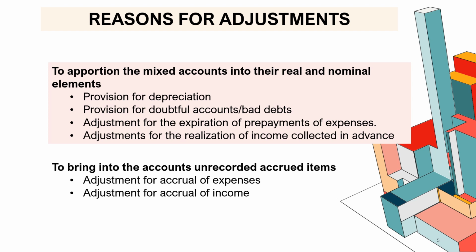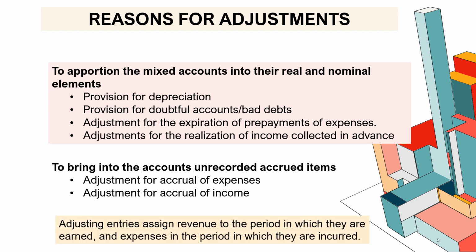And what are those adjusting entries that we need to do at the end of the accounting period which relate to these mixed accounts? Number one is provision for depreciation. Number two, provision for doubtful accounts or bad debts. Of course, when we record receivables in our books, not all receivables can be collected, and normally the entity or business will estimate how much of that amount will be uncollectible.